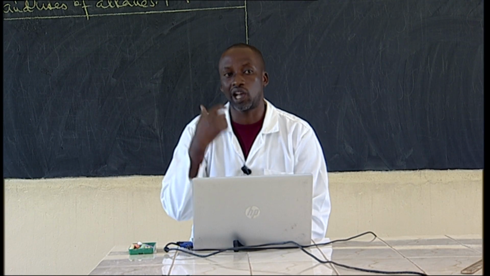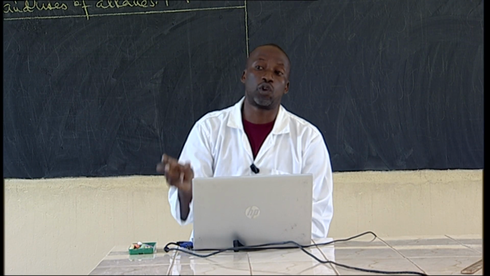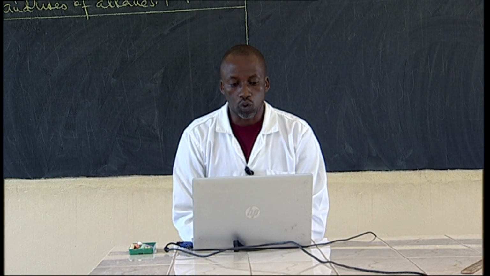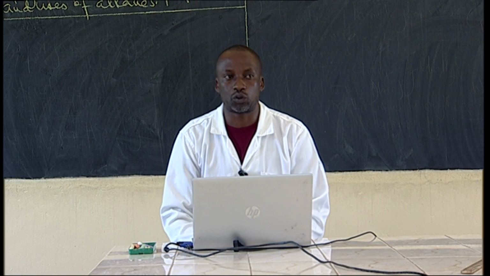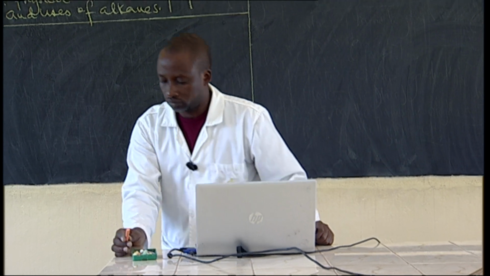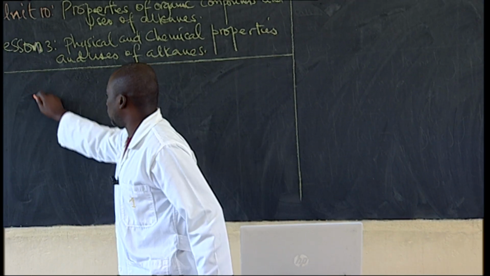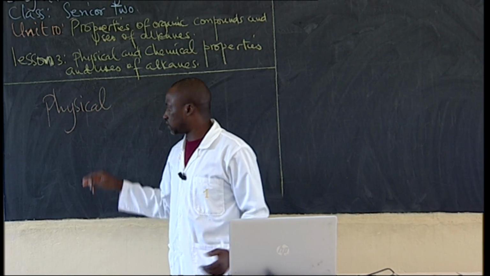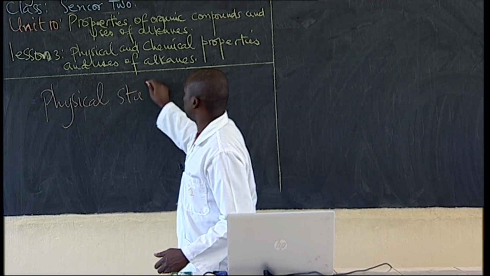And before we look at the physical properties, because we always refer to those compounds that we looked at. So what is the first physical property that we are looking at? We look at the physical state. How does the compound exist? Is it a gas? Is it a liquid? Is it a solid?